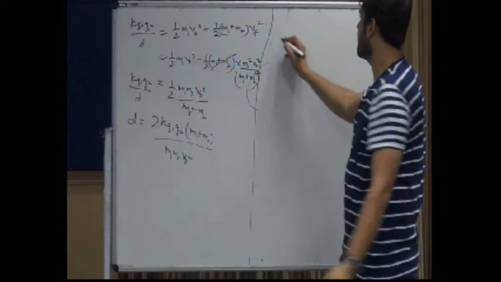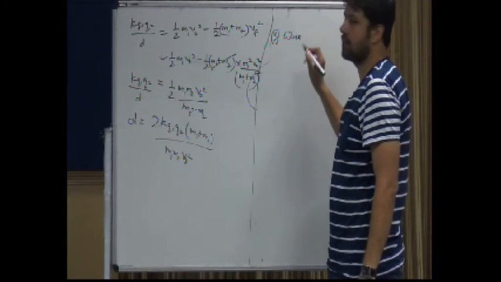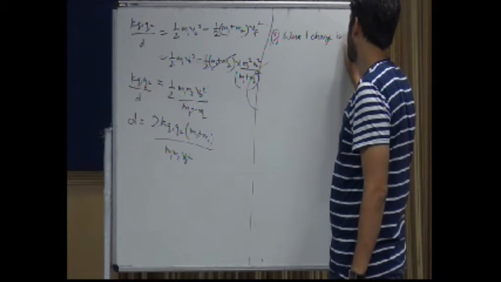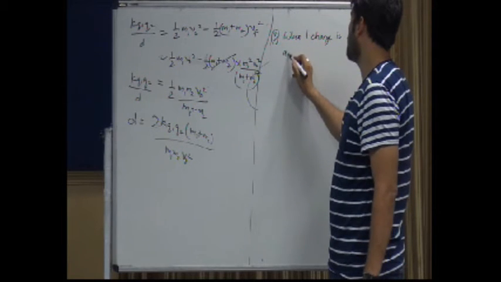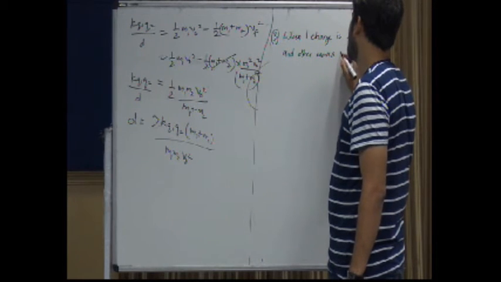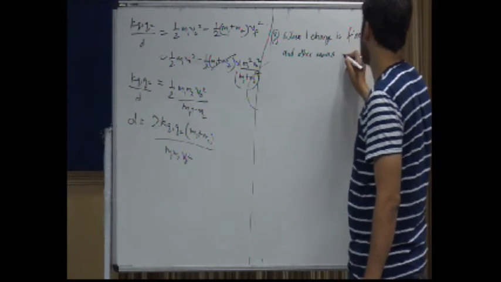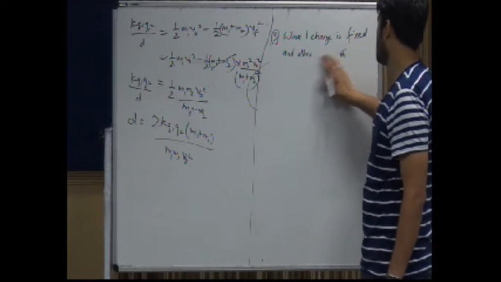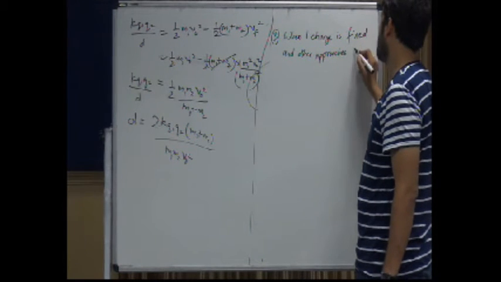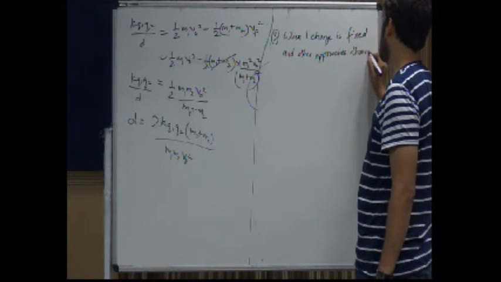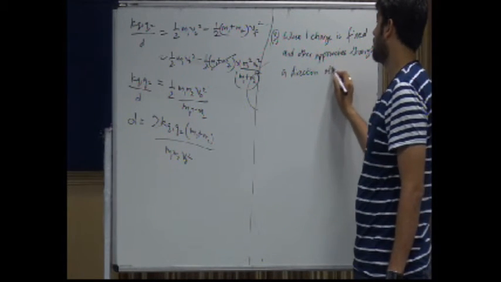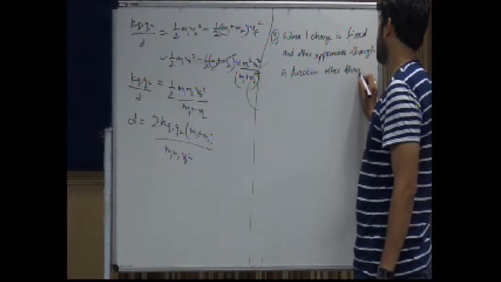The third case is when one charge is fixed and the other approaches through a direction other than the line joining.